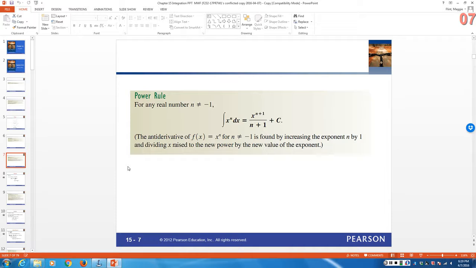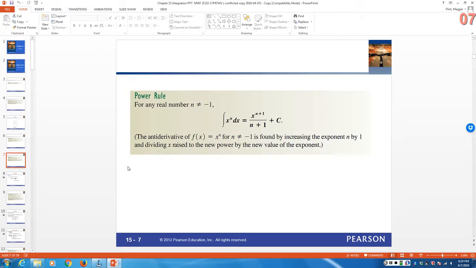If you're going to go backwards, then you start at the end of that process and you take the power that's on what you have, and you know it had 1 subtracted from it, so you add that 1 back. And then where you dropped it down in front, now you need to take that power and put it underneath and divide to get back to the original thing that you had.